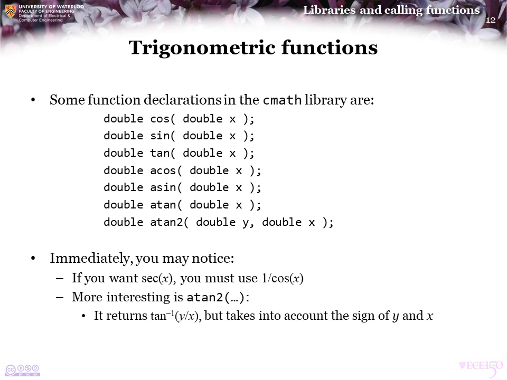Also is this interesting function arctangent 2. Arctangent 2 calculates the inverse tangent of y over x, but takes into account the sign of both y and x. This allows, for example, x equaling the value of 0, or x being negative while y being positive or negative.